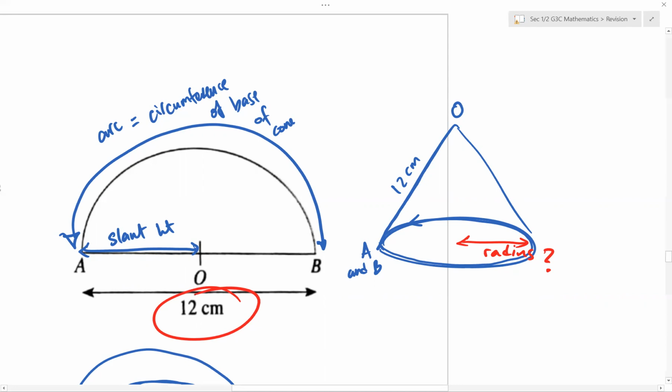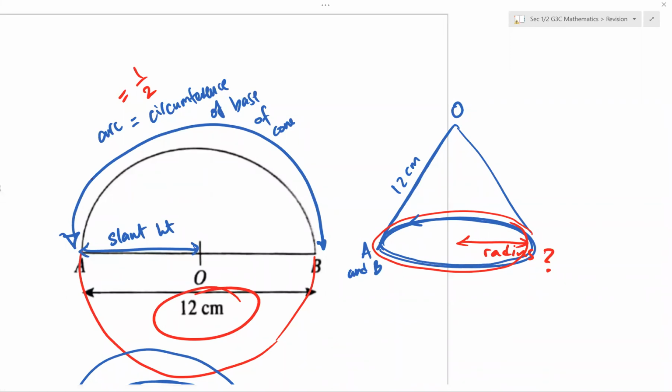So back to basics. Where do we get the circumference from? We got it from the arc of the semicircle, which is simply half of the circumference of this original circle. So what is the circumference of this original circle? It is pi d, or 2 pi r if you like.